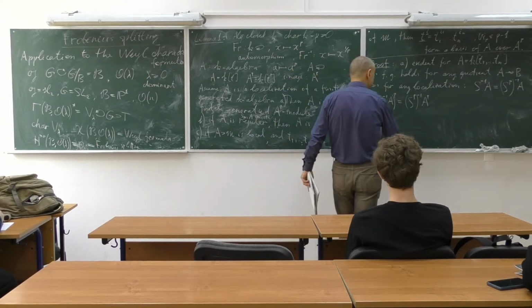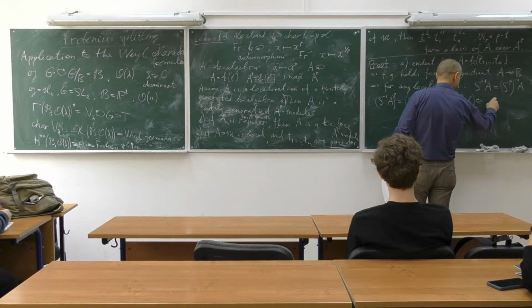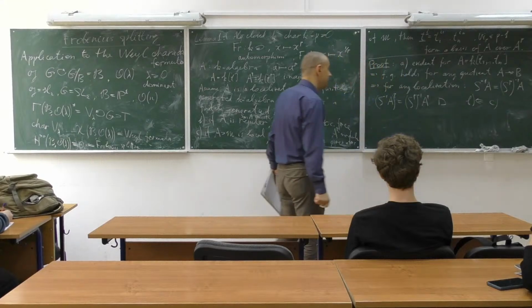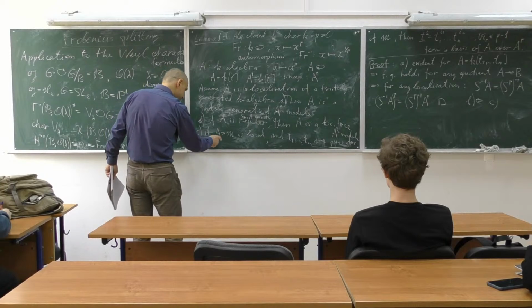Okay, so A is proved, and B follows from C. And we have to prove C. Here I mean that A is regular.